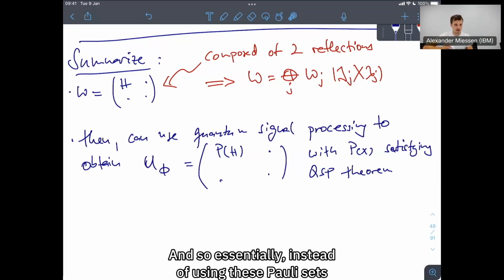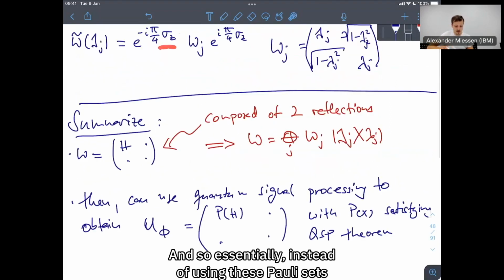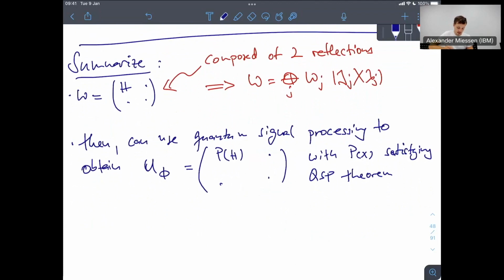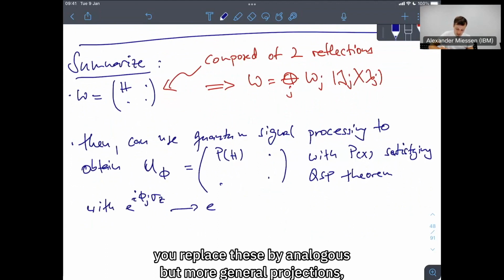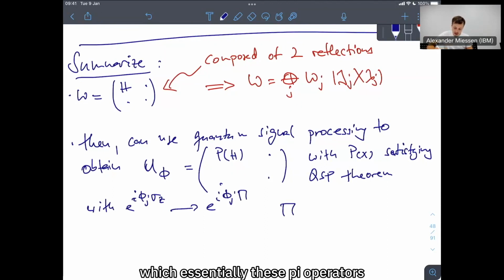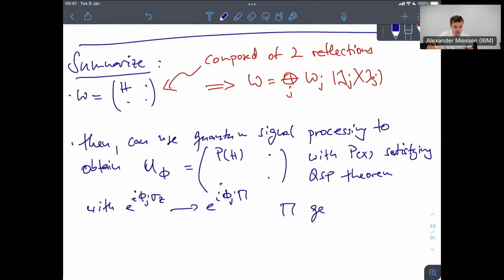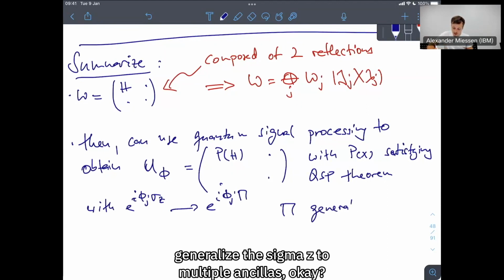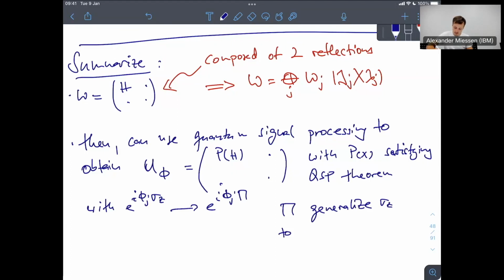And so essentially, instead of using these Pauli Z rotations, you replace these by analogous but more general projections, where these pi operators generalize the sigma z to multiple ancillas.